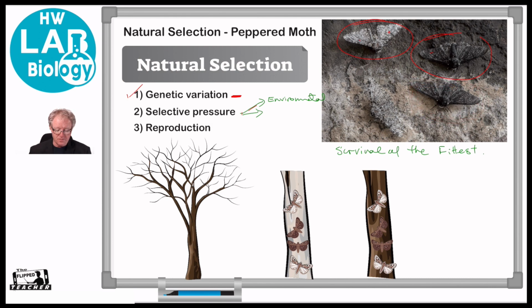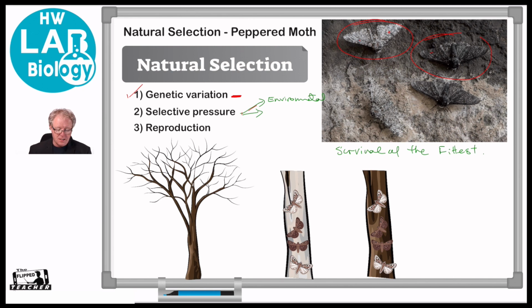Right? So there was genetic variation, and the dark moths were selected by the birds, and so the numbers of the dark moths went down, the numbers of the white moths went up, and so in the population there were more white moths, therefore they survived to a greater extent, reproduced, and their offspring were white.